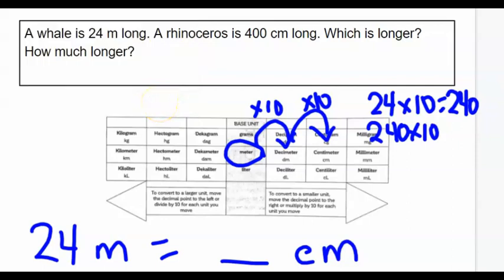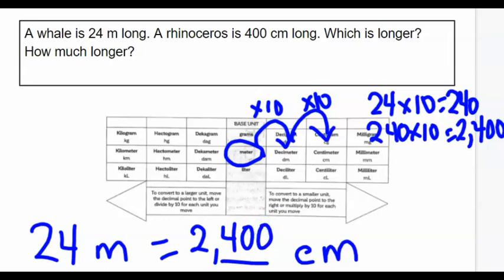So it's increasing by 10 again, so I would have 2,400. So 24 meters equals 2,400 centimeters.